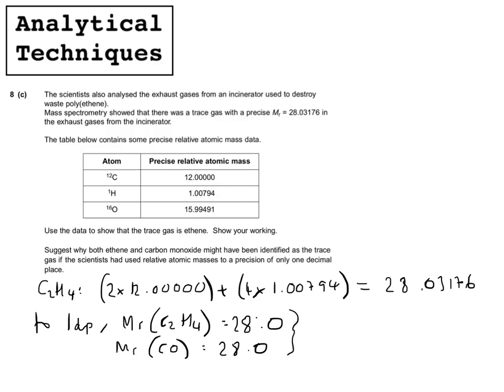And so both have the same MR to 1 decimal place. The common mistake made here is that students put that they both have the same MR. They don't. They have the same MR to 1 decimal place, and it's important you make that qualification when you write your answer.